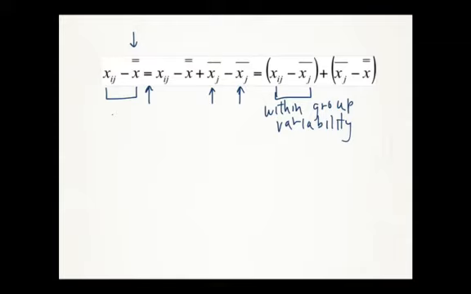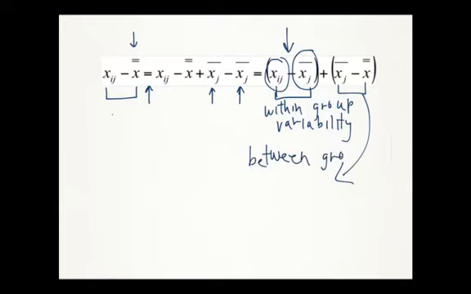Because this is within a group. All the people here are in the jth group. This is the ith person in the jth group minus the mean in the jth group. And then this part is the between group variability. And why is that? Because it is the distance from the mean of the jth group from the grand mean. So that's the between group variability.